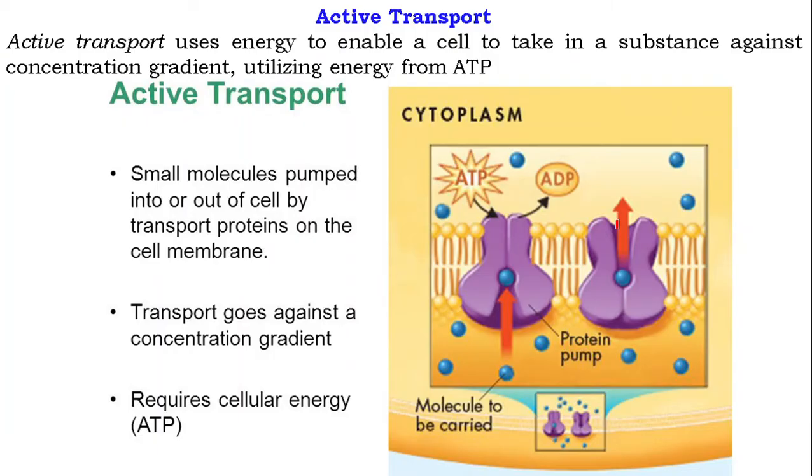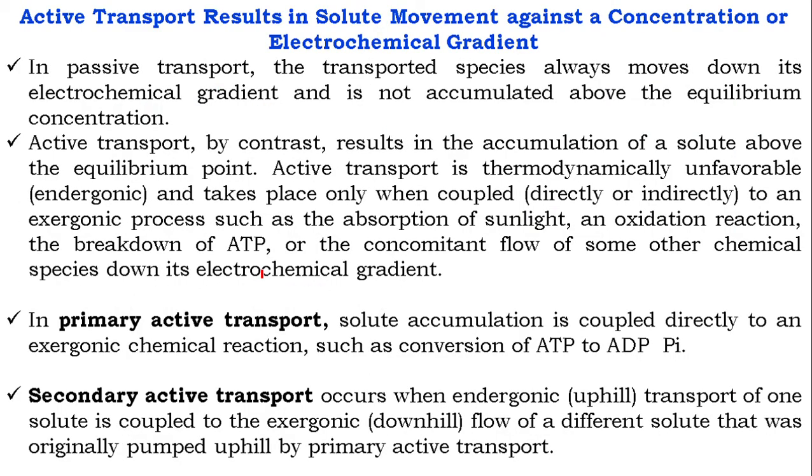Coming to active transport. This active transport is utilizing ATP. It is against a concentration gradient. Of course, a transporter molecule is involved. And as we found earlier in another slide, there is primary active transport and secondary active transport.